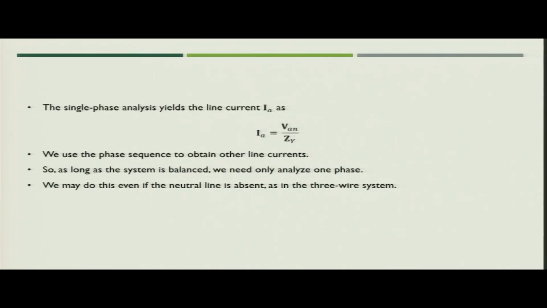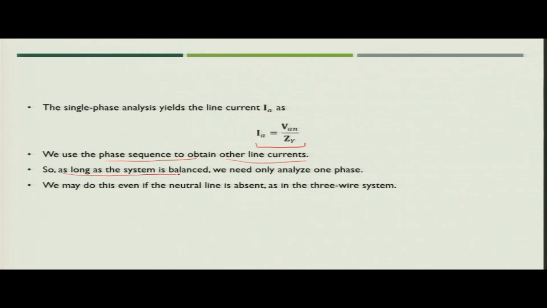In this case again you can see from the figure that IA is nothing but VAN by ZY. So, we use phase sequence to obtain the other line currents, because we know that the phase sequence is ABC. We can easily find the values of IB and IC with the help of current IA, which we have got from its single phase equivalent.